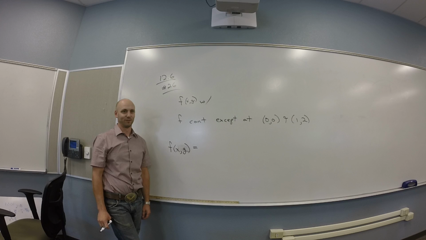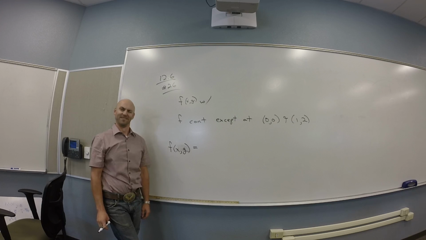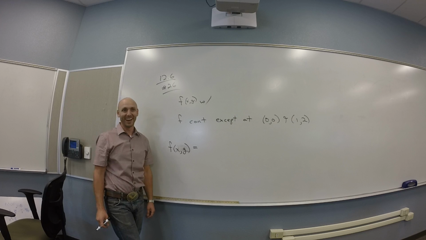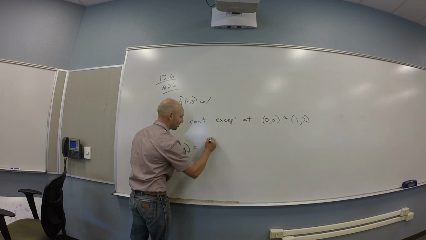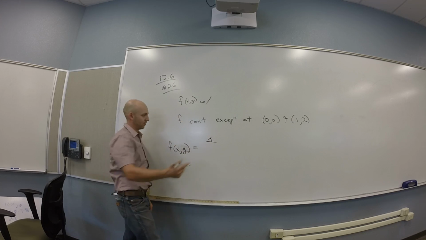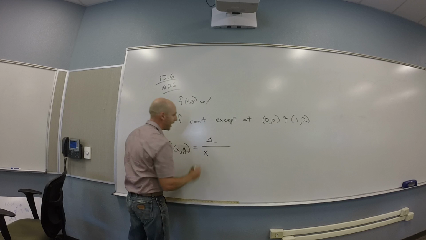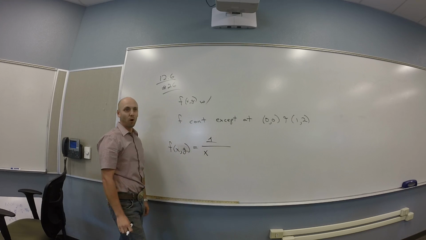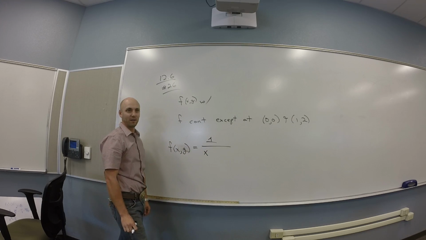Z equals 1. Like, pick your favorite constant function. So I'm going to start with 1, divided by x. Okay, so if I divide by x, now I've got problems whenever x is 0. Yeah, not just at the origin, but everywhere x is 0.